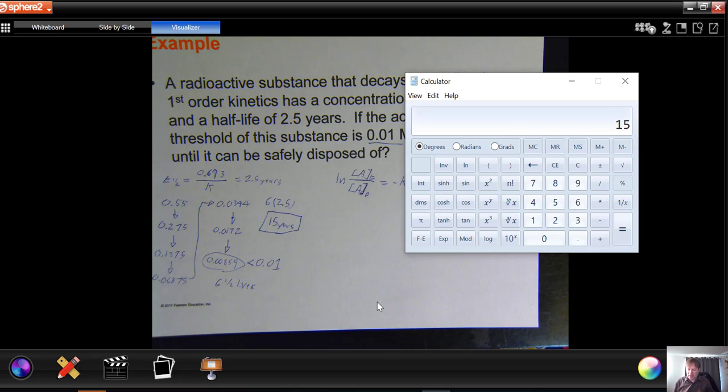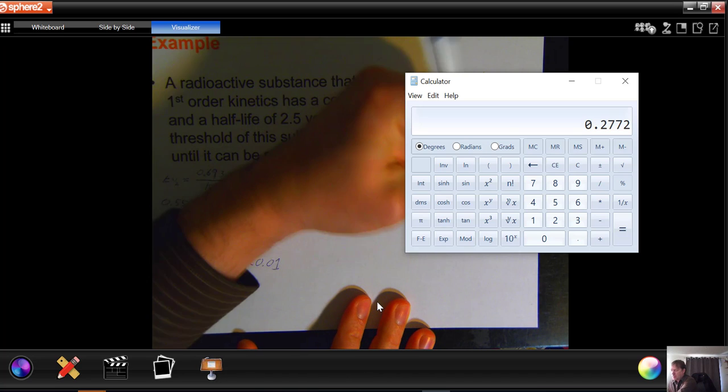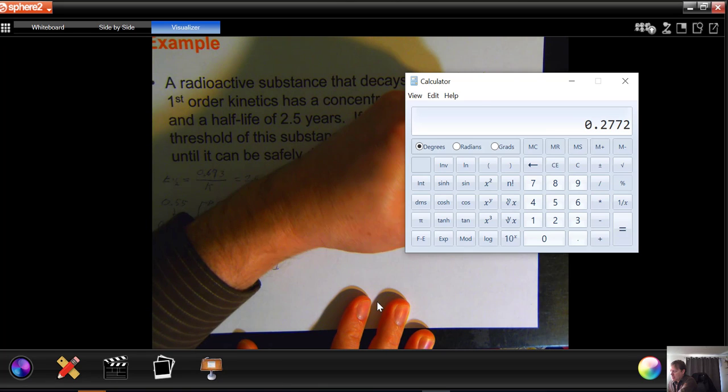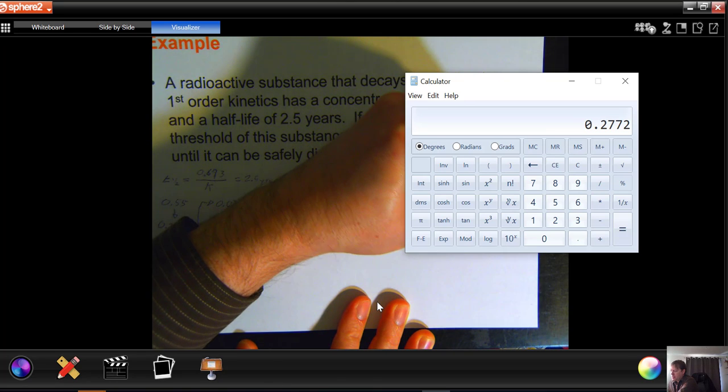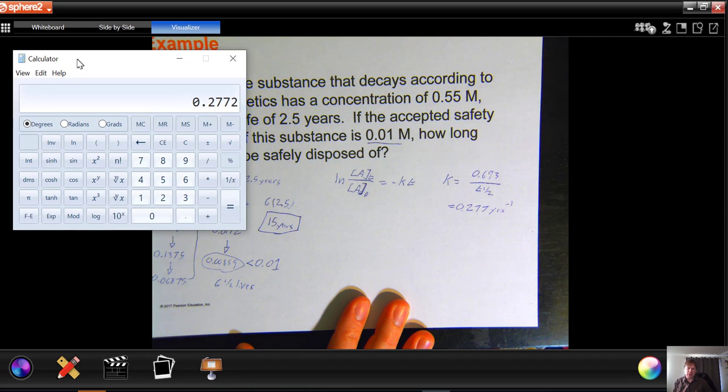So let's go ahead and do the math there. 0.693 divided by 2.5. So we get 0.277 units of inverse years for that. I'm going to move this over here now. Okay, so we found k.